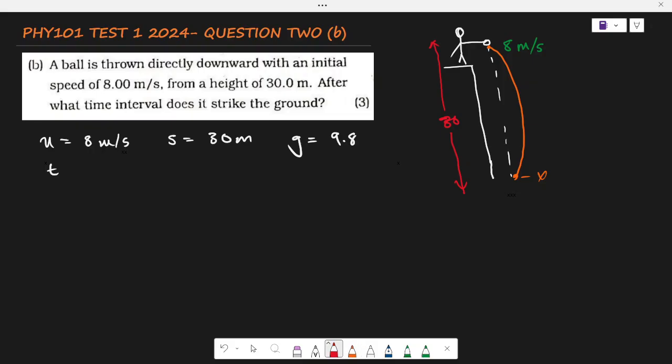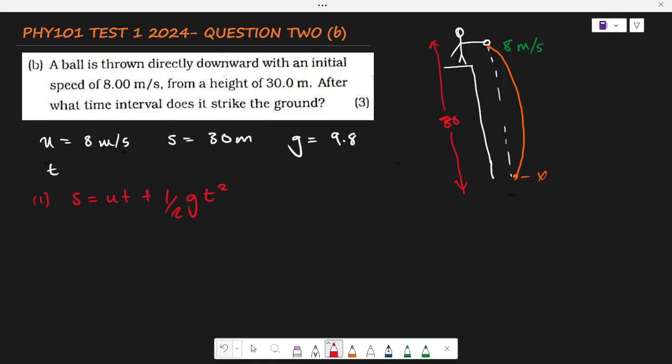Firstly, we have formula number 1, which is S is equal to U T plus 1 over 2 G T squared.